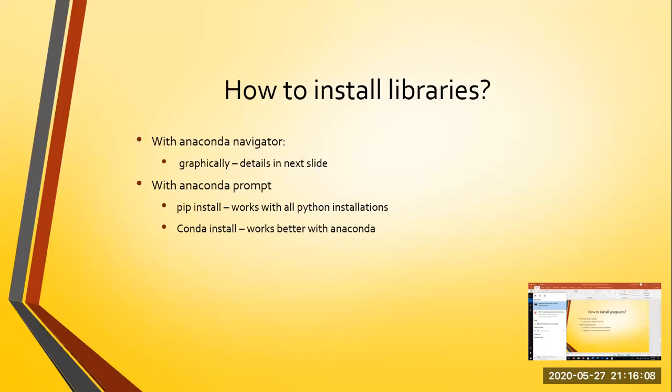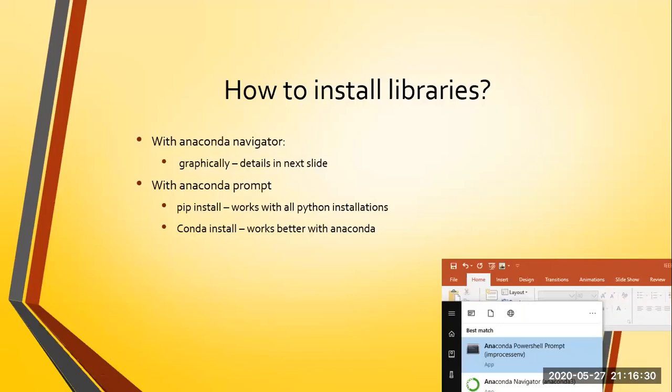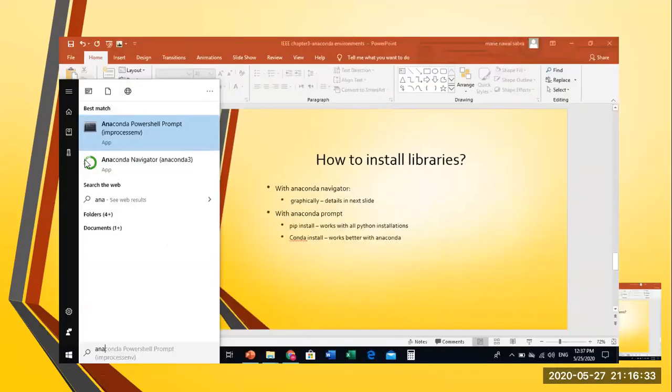To install a library inside the environment, I will either go graphically, or I will go to the prompt, activate the environment, and then I go either pip install or conda install, and I install the library I want. If I am in the navigator, I have the prompt, I can open it from here, and the navigator, I can open it from this icon.